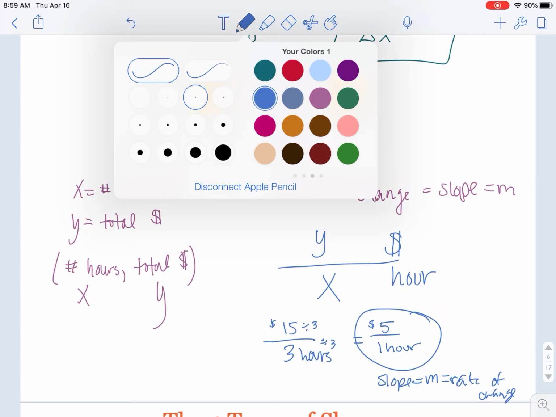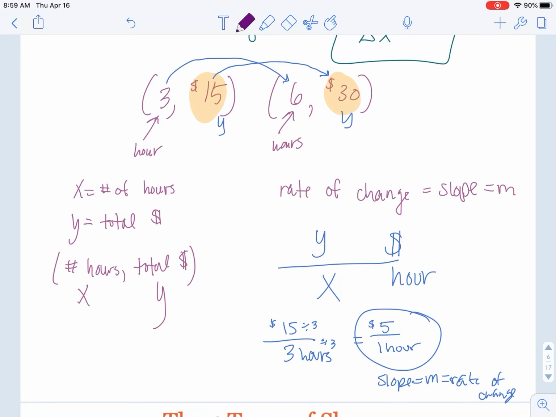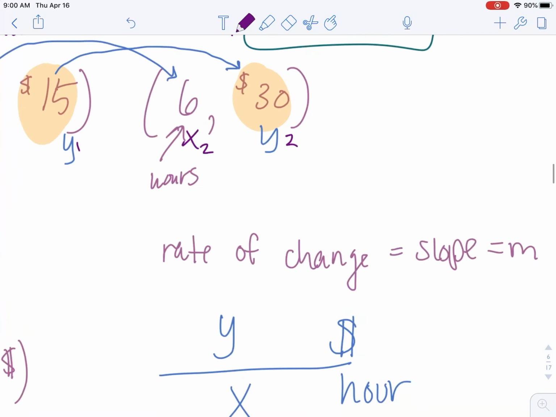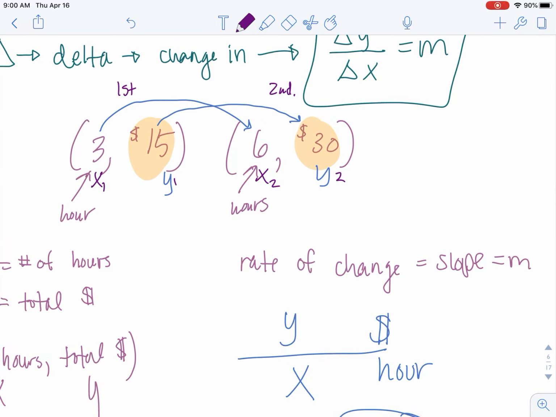Okay, another way that you could do it with the slope equation is by saying, oh, well, this is x and y, and so this was your x1, y1, x2, y2, because this was my first coordinate, my first one, and this was my second coordinate. Okay, so we found the change.